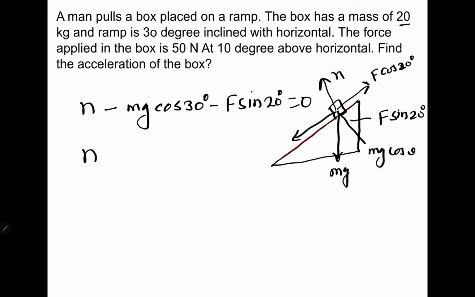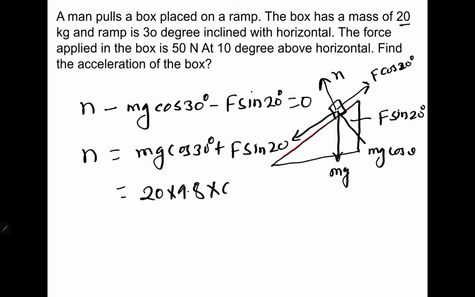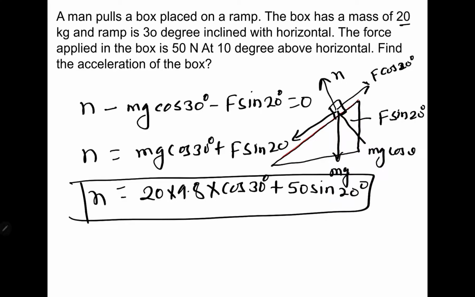So if you want to know N, which is mg cos 30 degree plus F sine 20 degree, let me put all the values: 20 into 9.8 into cos 30 degree plus F, which is 50, into sine 20 degree. From here you can calculate the value of the normal force acting upward.